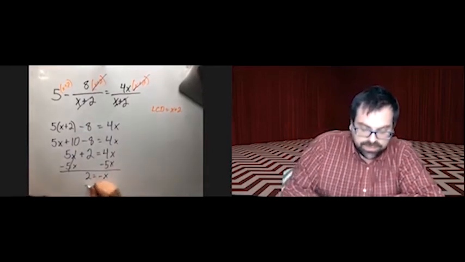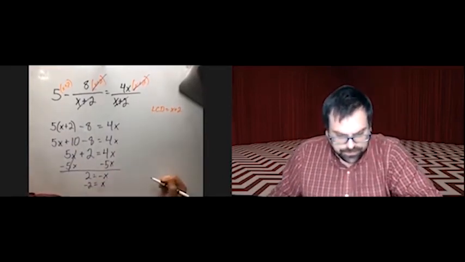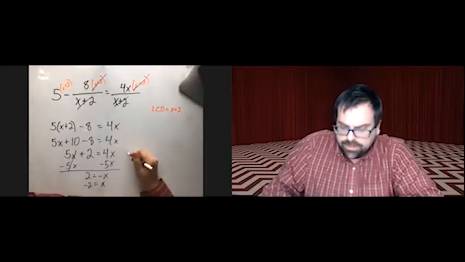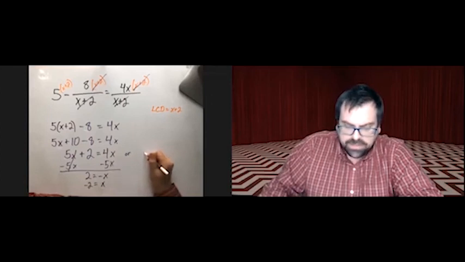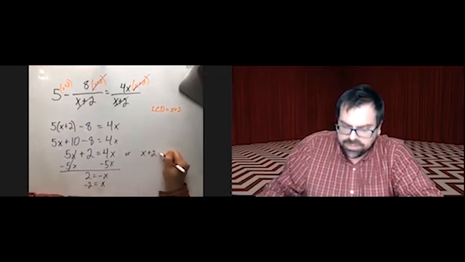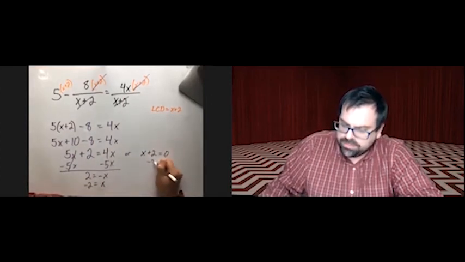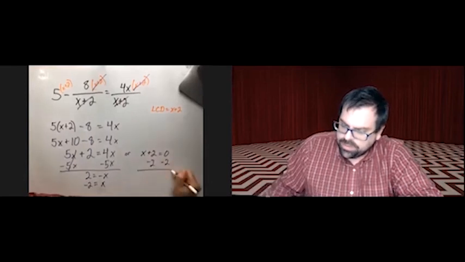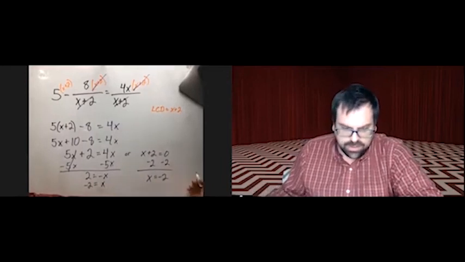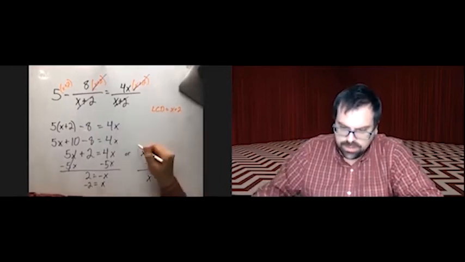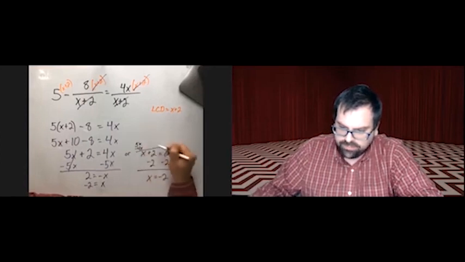So x equals negative 2. Another thing you could have done is subtract the 4x over, 5x minus 4x would give us x plus 2 equals 0. Subtract 2. We get x equals negative 2 that way, by subtracting 4x from both sides.